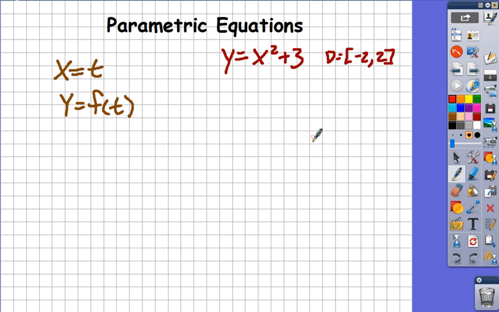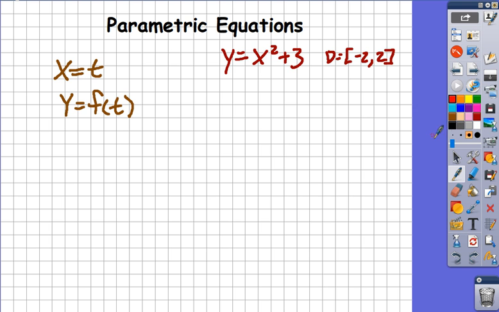One of the easiest is to say that x or y equals t, and then your other value, y or x, equals f of t, a function of t. To give you an example, we've got this equation of a parabola, y equals x squared plus 3, with the domain from -2 to +2.